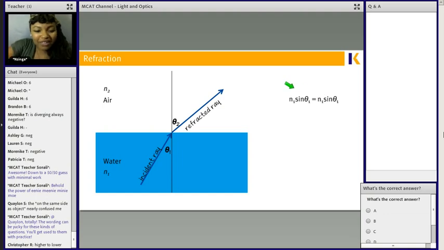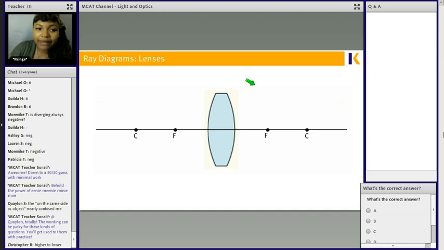So N1 sine theta 1 is going to be equal to N2 sine theta 2. Okay? So that's going to be our real equation. And a lot of times on the MCAT, what will happen is that you're going to be given 3 of them, and you're going to have to figure out what the 4th one is going to be. And it's just mathematics when it comes to that idea.